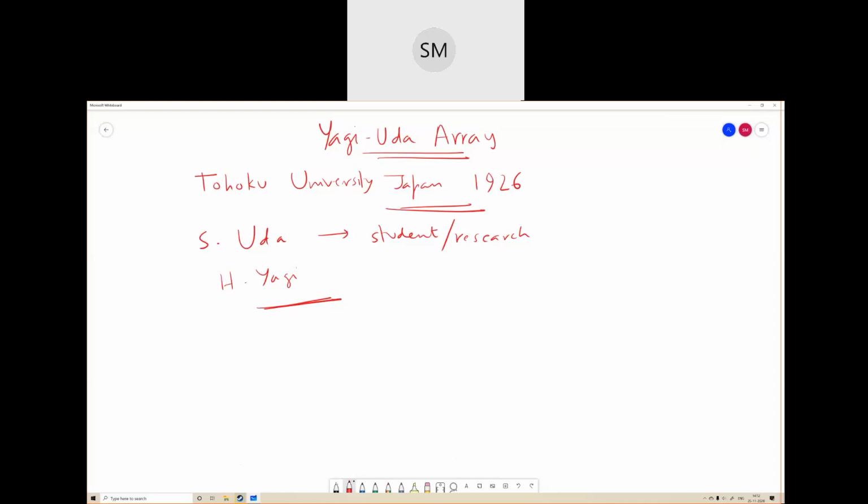How does a Yagi-Uda antenna look? The blue element is the feeding element, the driver or feed element.